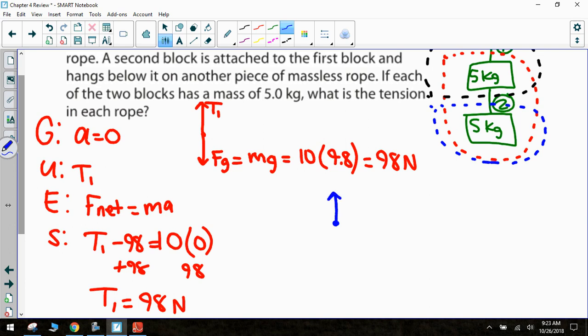Going up, I have T2. Going down, I have Fg equals mg equals 5 times 9.8, which is 49, I think. That sound right, 49? Yeah.